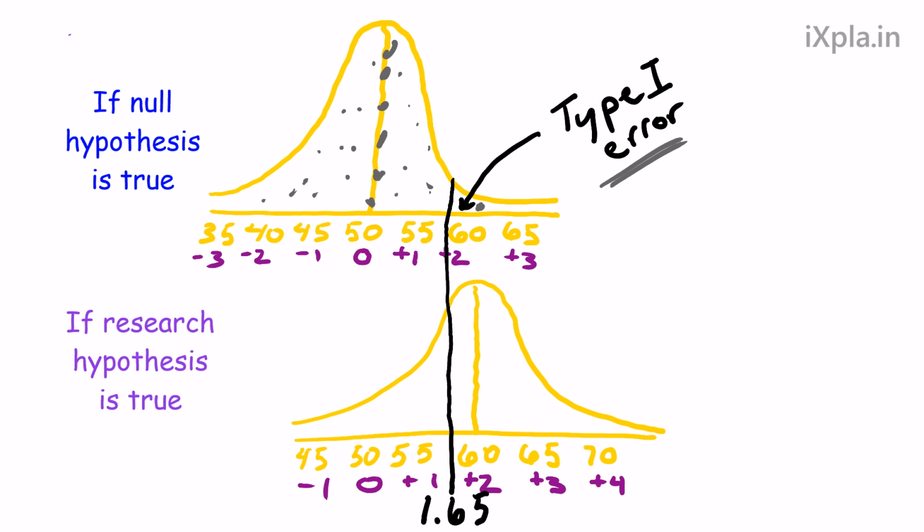And that's going to happen 5% of the time when I have an alpha value equal to 0.05. If you ran the same study 100 times and the null were perfectly true every single time, 5 of those 100 times you would incorrectly reject the null. You would make a type 1 error.